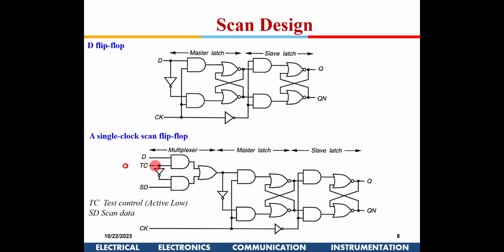So when it is 0, the D input is isolated, and the scan data is activated, so the scan data will be made available to the flip-flop. When TC is equal to 1, test is deactivated, and D will be available. So this is the modified circuit of a flip-flop.